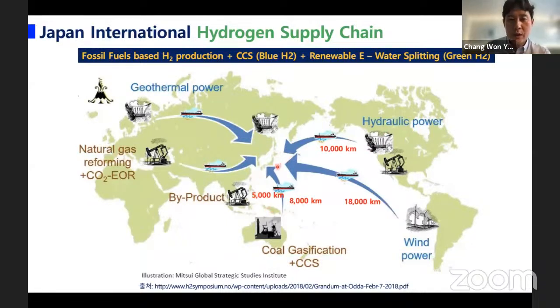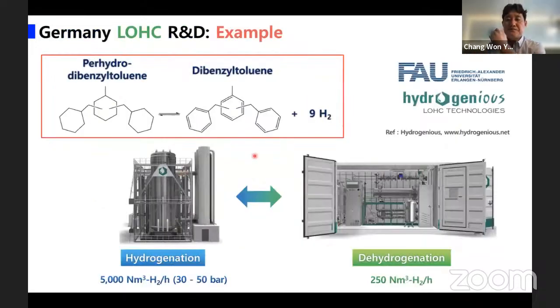The Korean government also constructed an international hydrogen supply chain based on LOHC, liquid hydrogen, and ammonia.